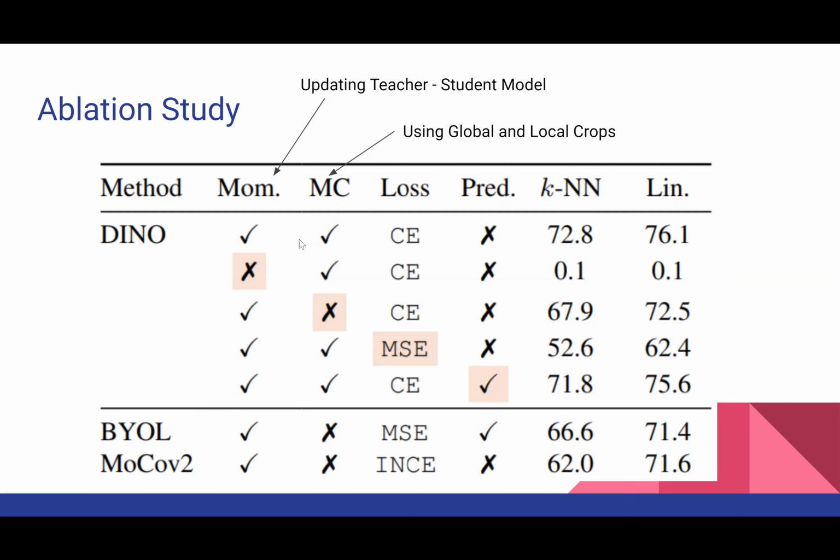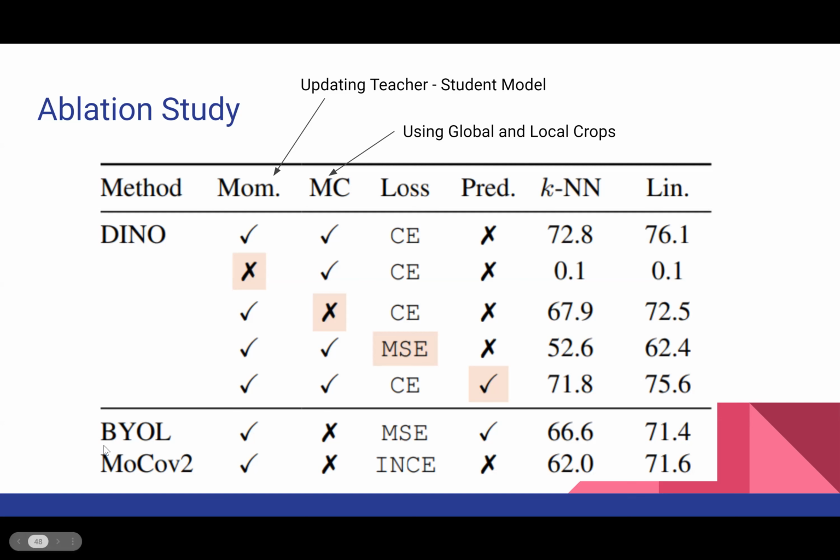If I remove, for example, the teacher and the student model updating each other, the model doesn't work anymore. If I remove the global and local crops, I lose maybe 5 points in accuracy. If I change the loss from cross entropy to mean square error, I lose maybe 10, 15 points, which is a very high amount. And finally, if I add a predictor to the student model, I lose a tiny bit of results, so I lose 1% on my accuracy.